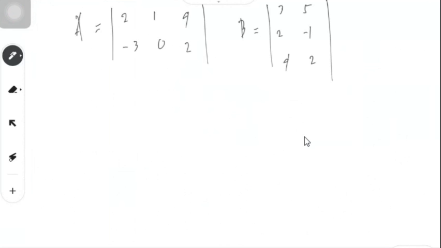While matrix B, 3, 5, 2, negative 1, 4, and 2. Now we are interested in the product of A and B. So we have matrix A times matrix B.